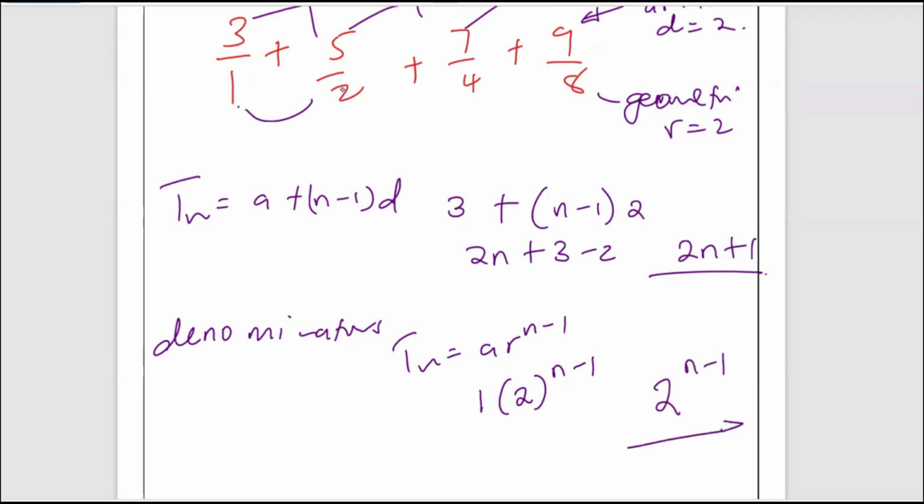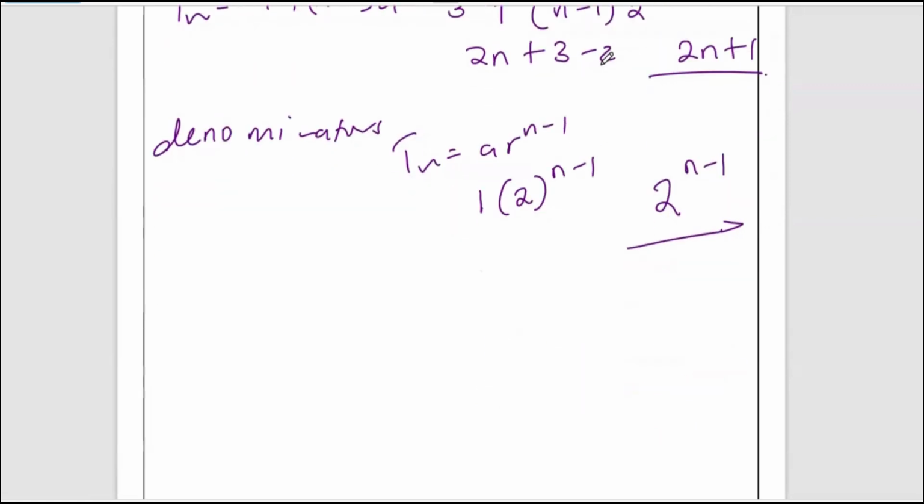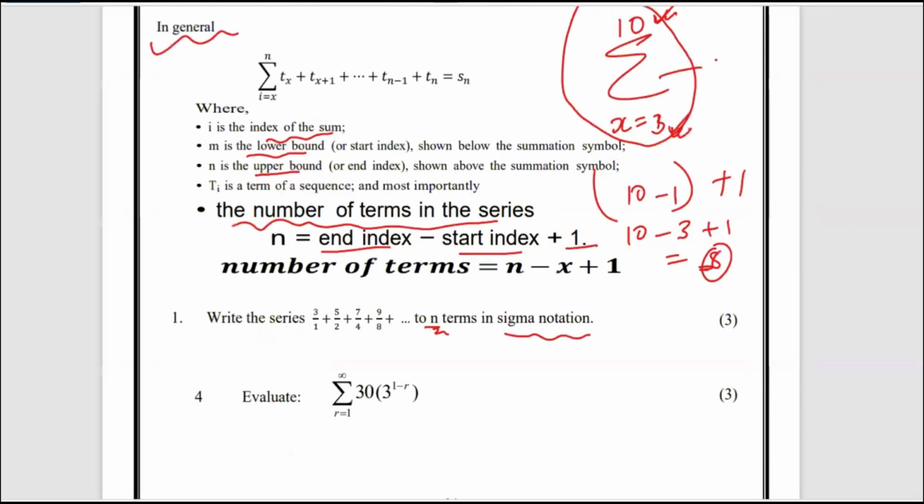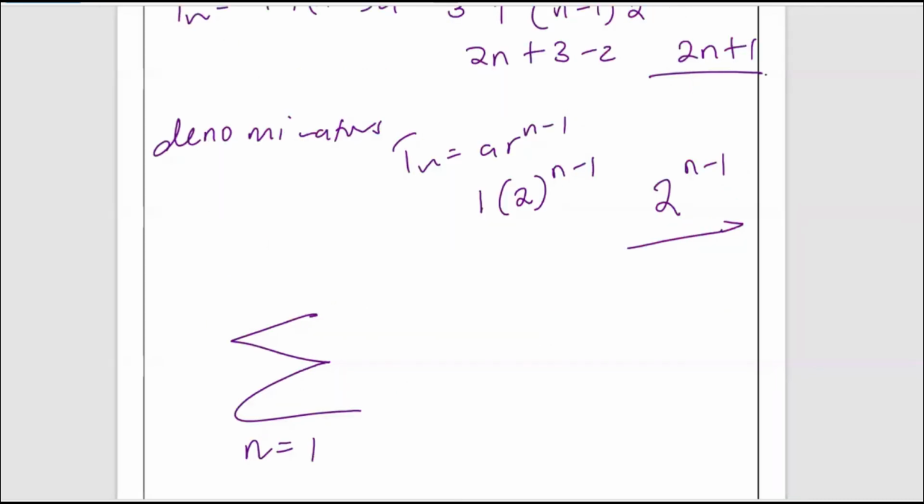All right, so I have to combine these two and get my expression. Okay, so I'll start with the sigma notation and say we're gonna use n from 1. Okay, why am I using n? Let me just call it x, probably. Okay, because they told us the last term must be n, okay?